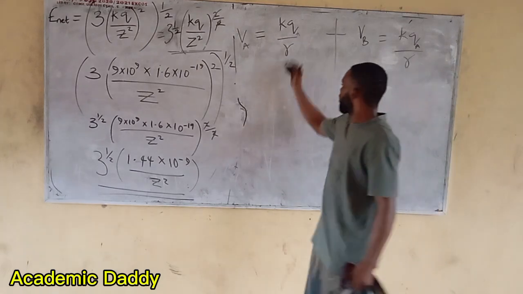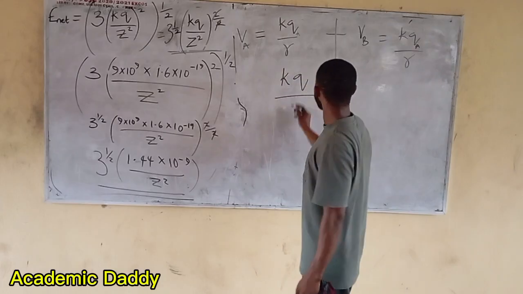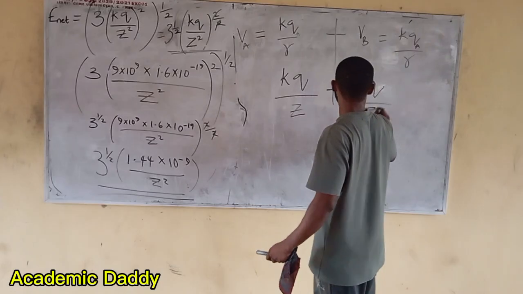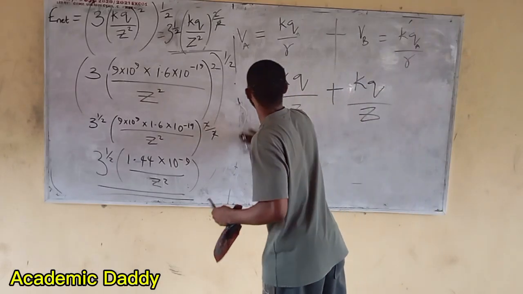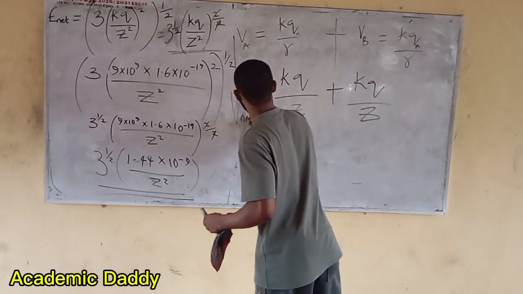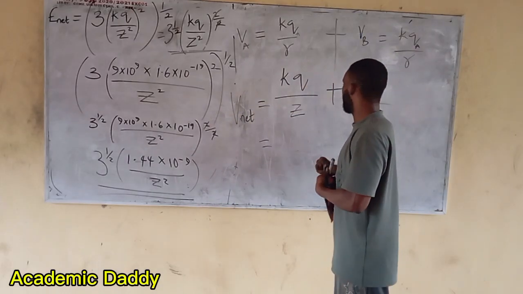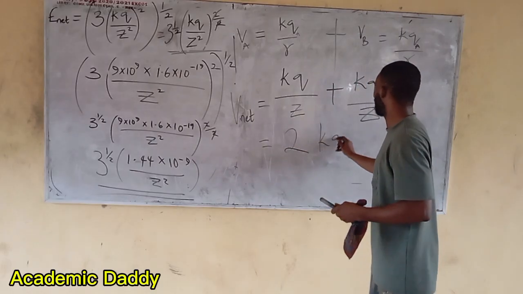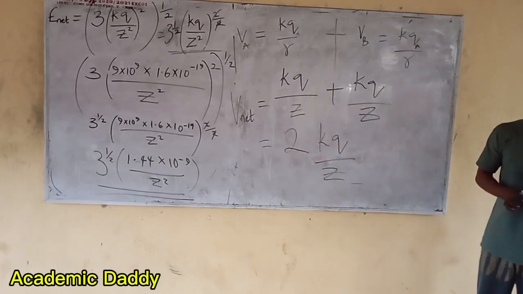So this is the same as saying KQ over R plus KQ over Z. So the total potential will be equal to 2KQ over Z. You see it.